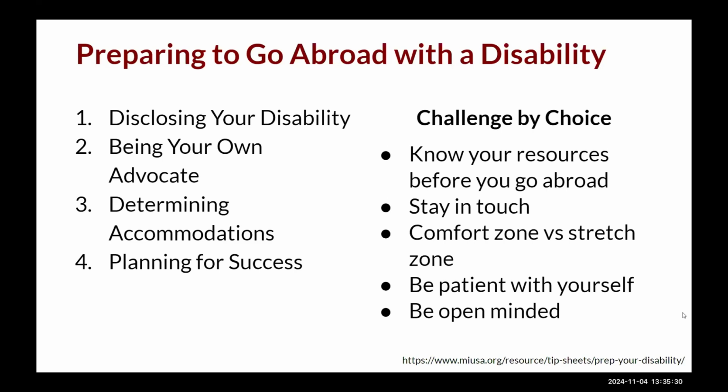And so what is possible versus what is needed, and making those decisions early on. So being your own advocate of what you need to be successful abroad. You'll want to determine your accommodations. In most cases, that is typically what the providers need, a letter from our DSS office here.